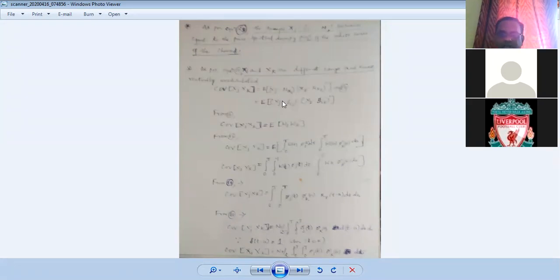This is x of j minus its mean, the value we substitute for x of j, as I already mentioned in the last pages. The covariance of x j and x k is equal to the integral from 0 to t of w j times the integral from 0 to t of w k.